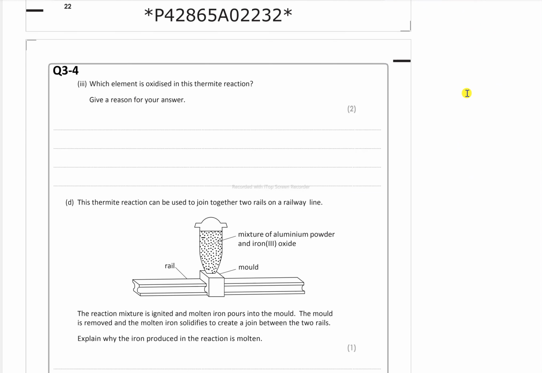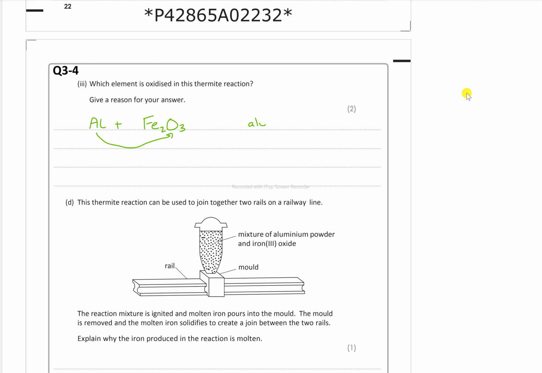Which element is oxidized? Right. You have aluminium plus iron oxide. Aluminium gains this oxygen.